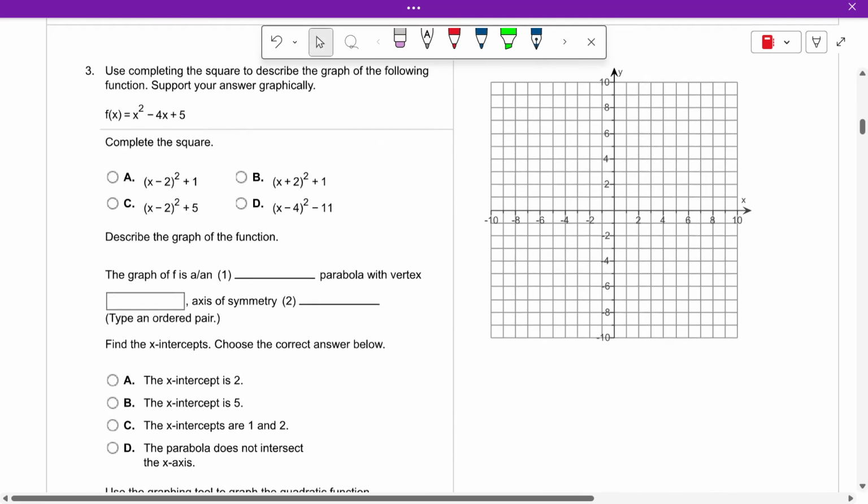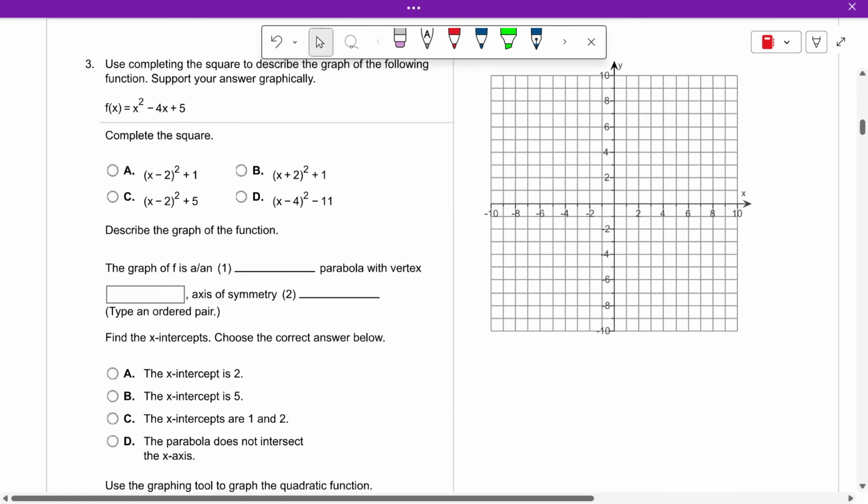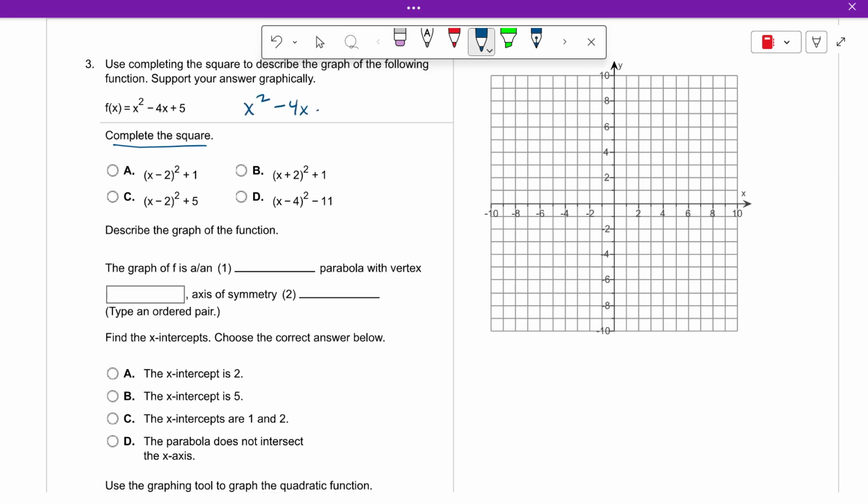Okay. This one, again, you can graph it on your graphing calculator. Now, the tricky part of this is completing the square. So you go x squared minus 4x plus blank plus 5 minus blank. Whatever you add to here, you have to subtract from here. So to figure out for completing the square, you take half of this, which is -2, and you square it, which is 4. So 4 goes there and there.